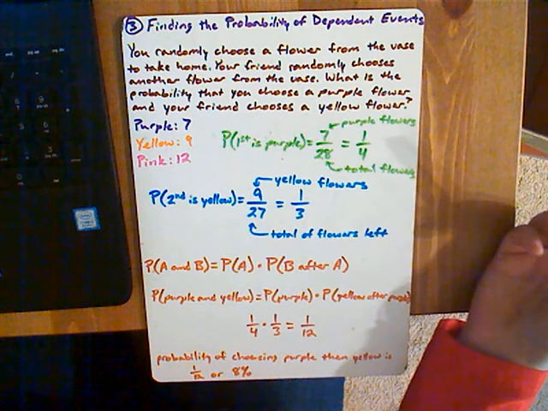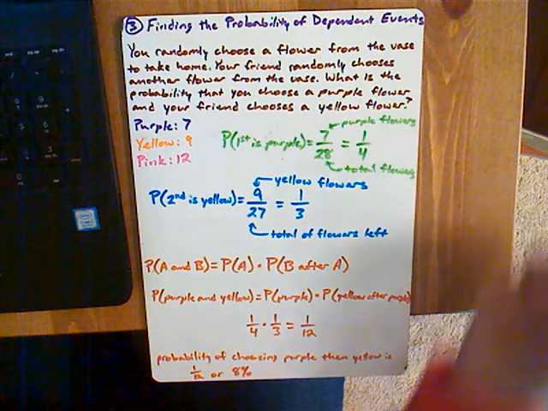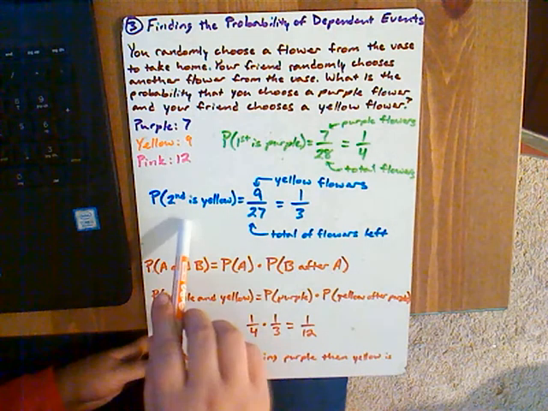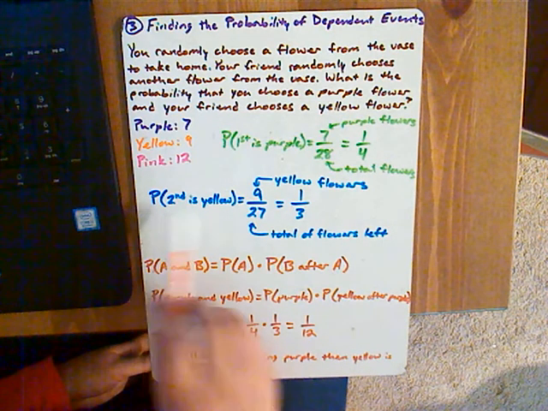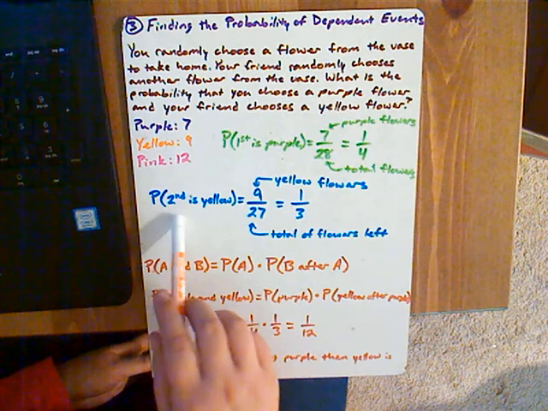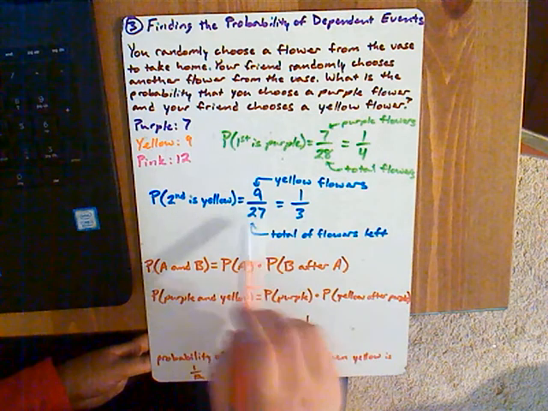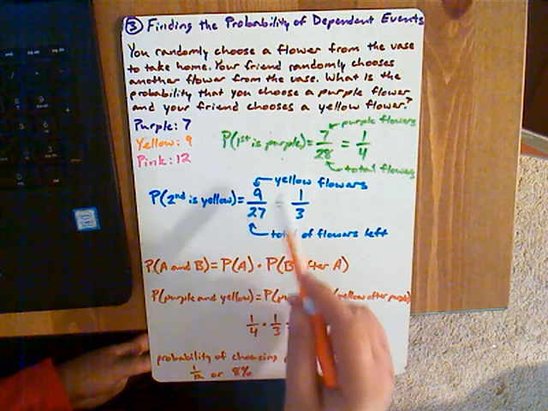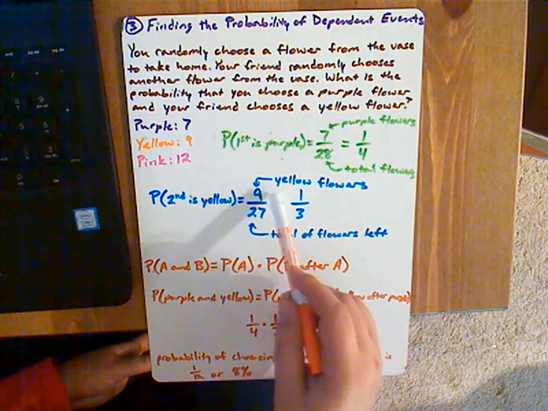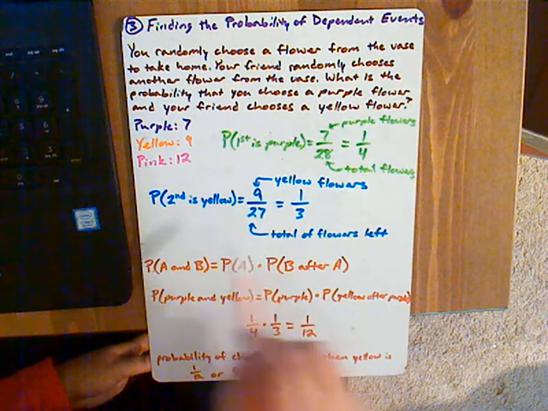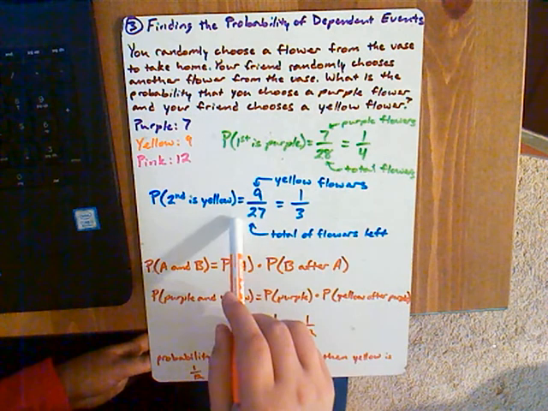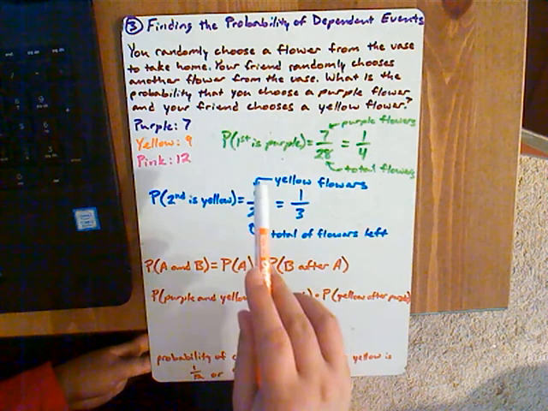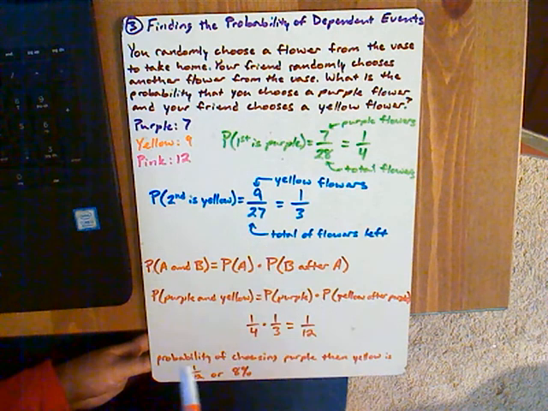Now we're going to look at the probability for our second event, which is choosing a yellow flower. The probability of the second being yellow is going to be 9 over 27. 9 is the number of yellow flowers in the vase, and 27 is the total number of flowers left after you chose your purple flower the first time.